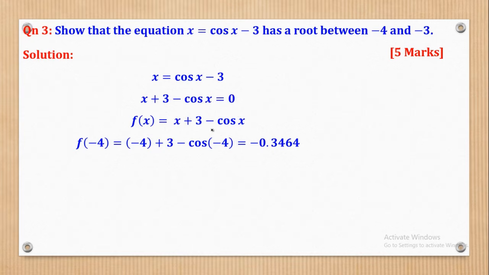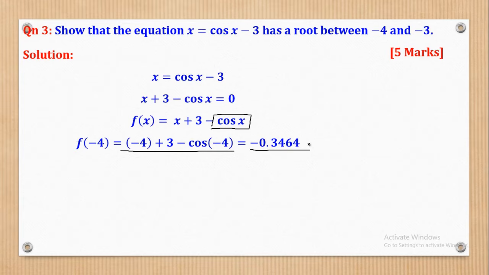Next, because there is a trigonometric function, the calculator has to be in radians. So each time there is a trig function like cos, sin, tan, sec, cosec, cot, the calculator has to be in radians. So when it is in radians, you'll come up with this value.